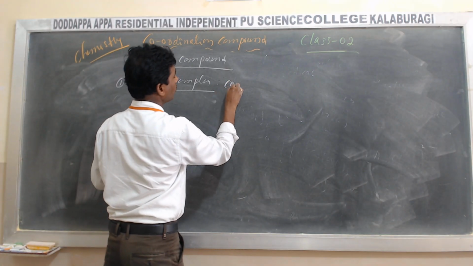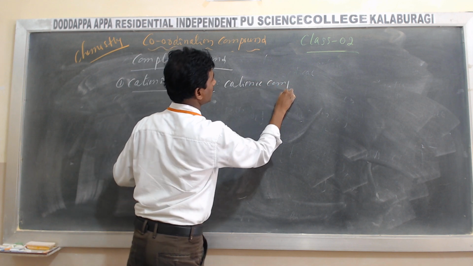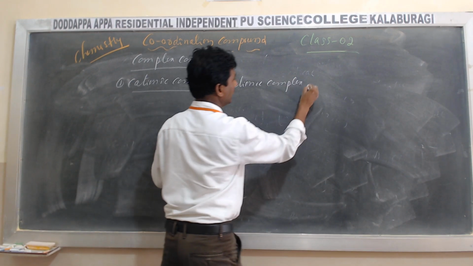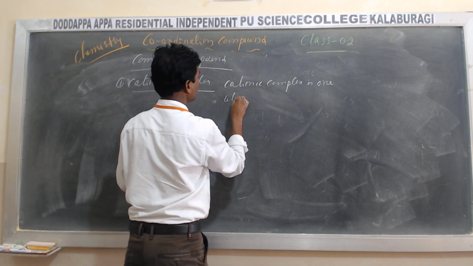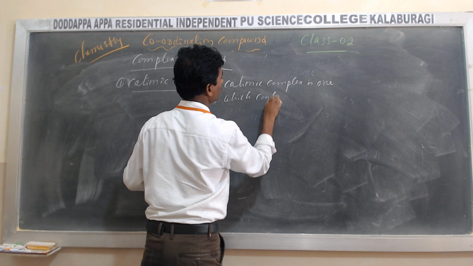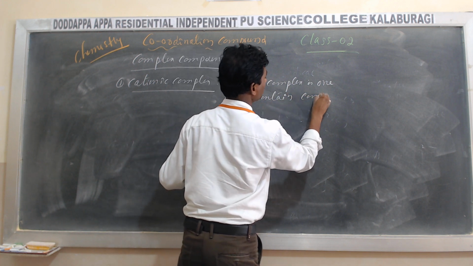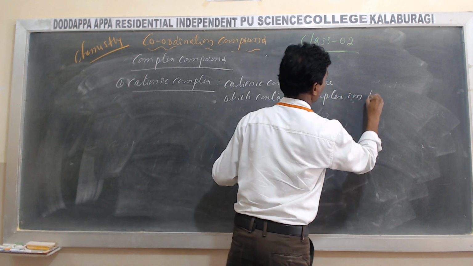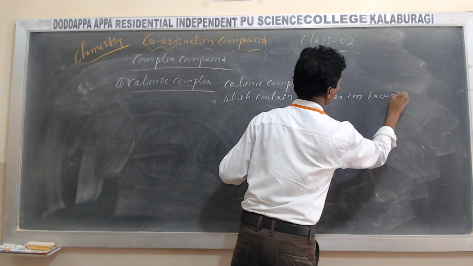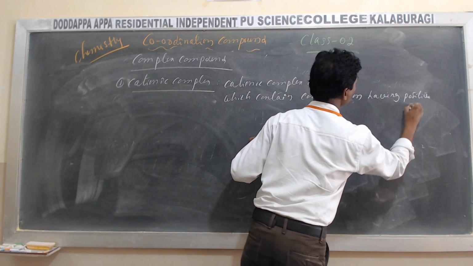A cationic complex is one which contains at least one complex ion having a positive charge.